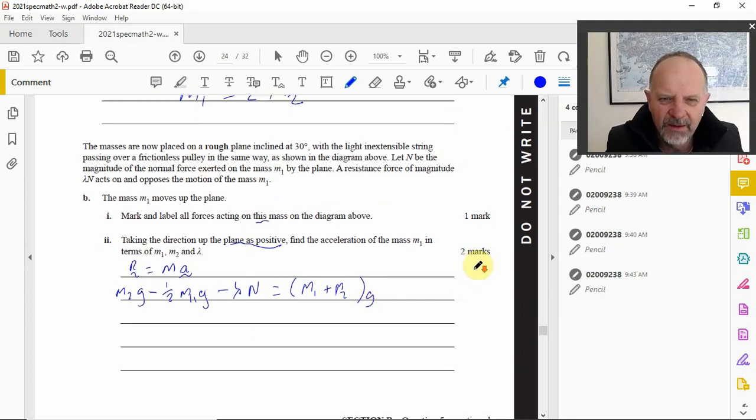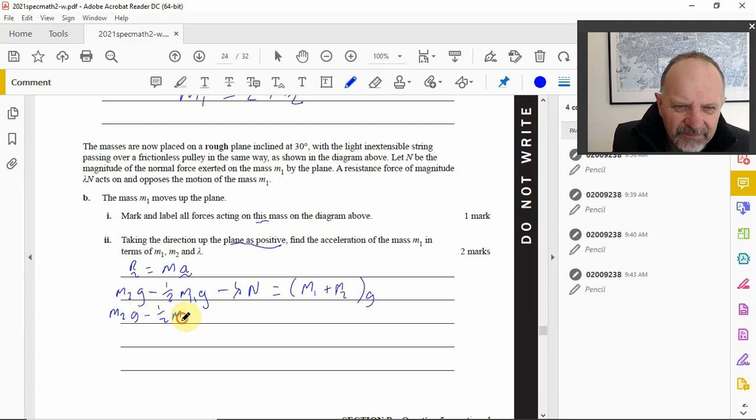All right, so then what have I got? I've got M2G minus a half M1G minus gamma times root 3 on 2 M1G for our normal reaction.